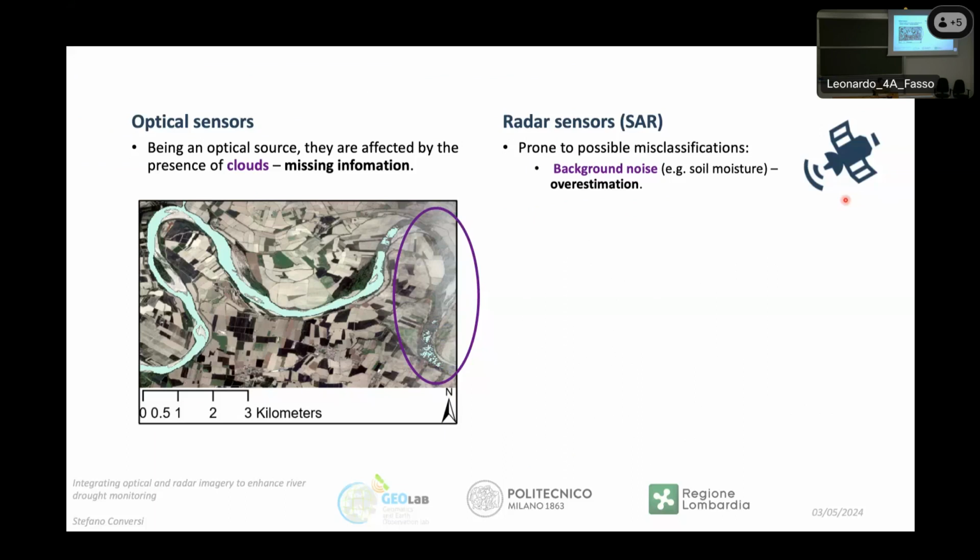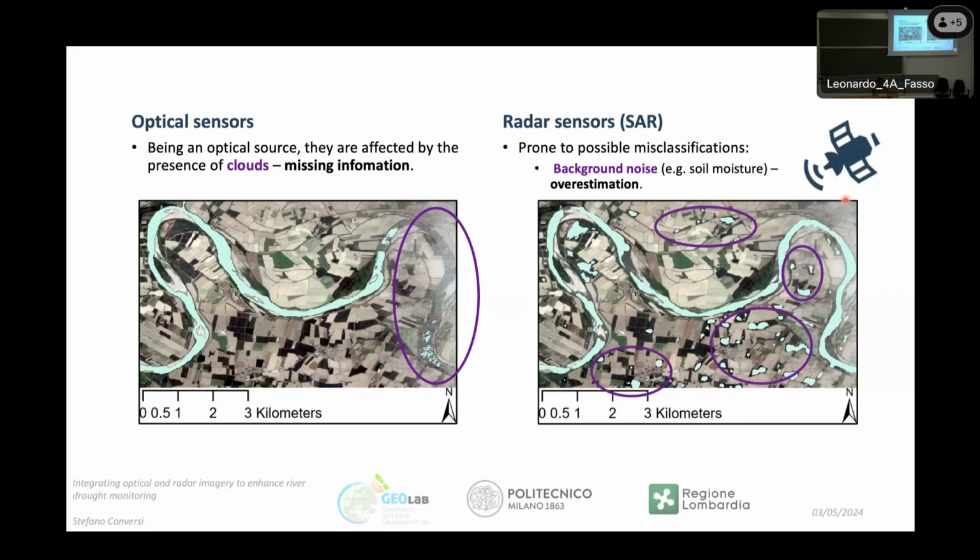And for radar sensors, we have another set of possible misclassifications that are based on some background noise, or maybe on the presence of water-like surfaces, so surfaces that react as water even though they are not water, or other issues such as soil moisture that can be perceived as water even though it is soil.